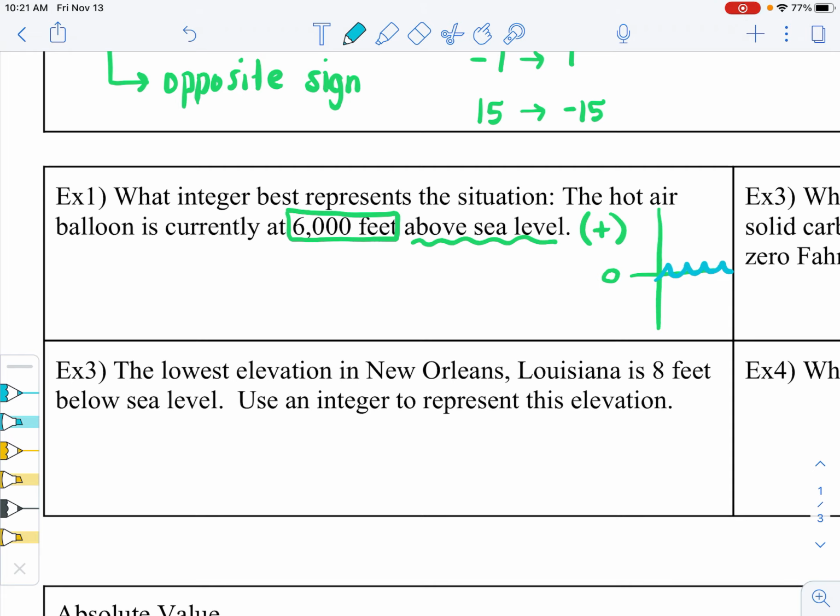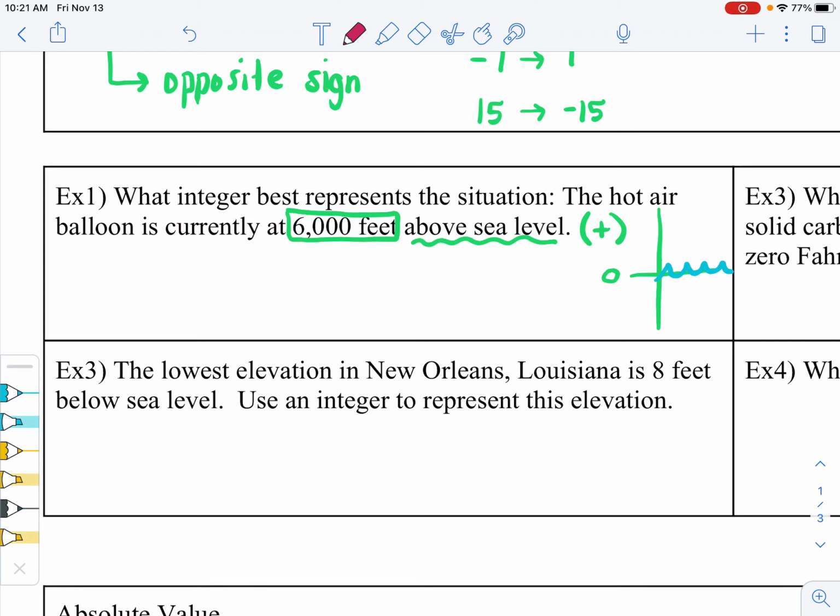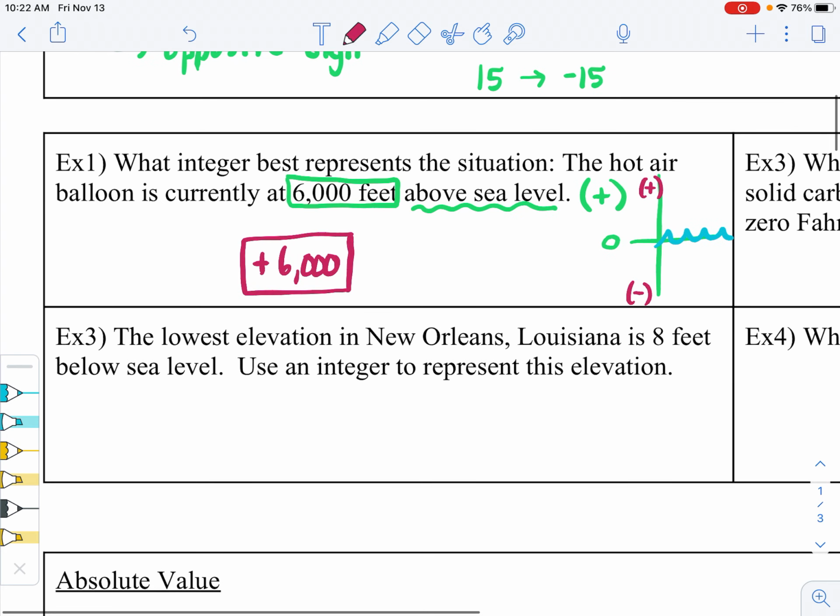Under sea level would be negative numbers, and above sea level are positive numbers. So things that happen in the air, like a hot air balloon or an airplane or a bird flying, are positive, and our negative numbers could be a scuba diver diving down into the water, fish, and whatnot. So the integer for this situation is positive 6,000, okay?